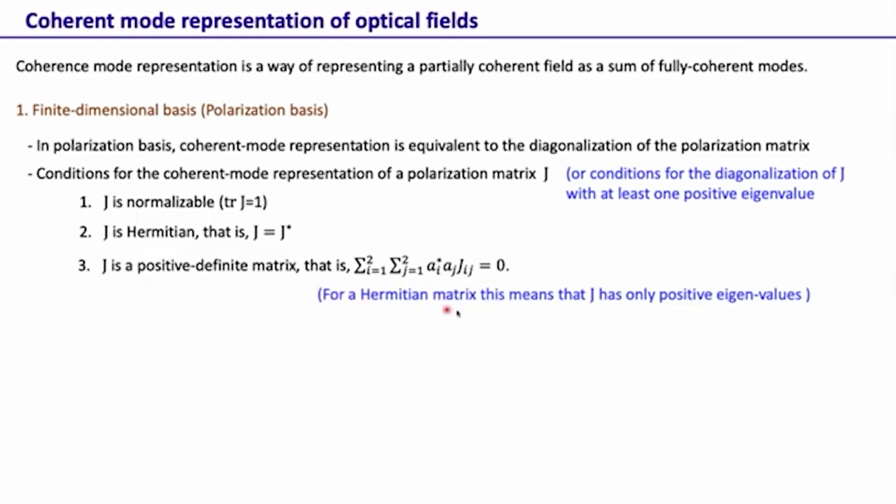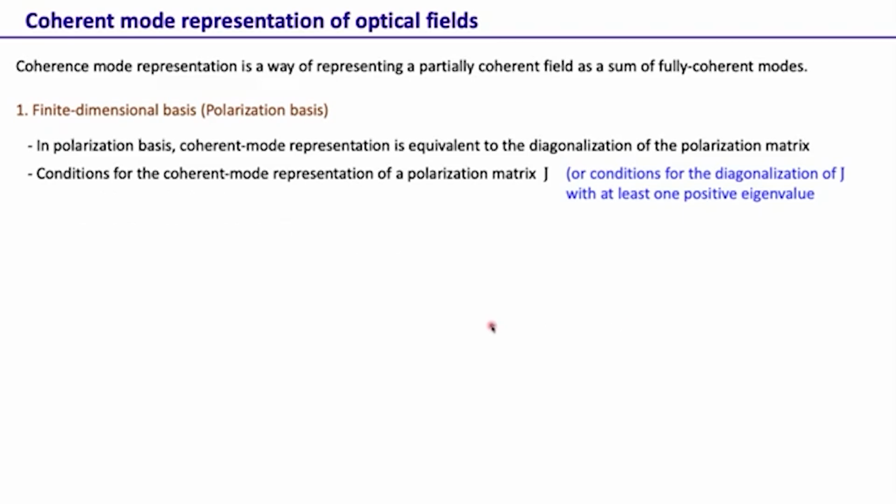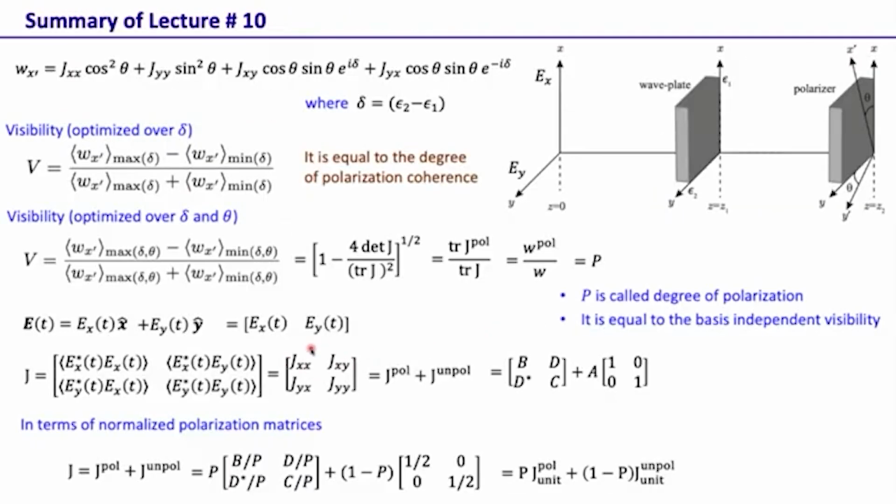Now what does it essentially mean, at least for a Hermitian matrix? It essentially means that the eigenvalues are all positive, they are not negative. Now why do we need this? An intuitive way of seeing this is that when we write the polarization matrix, the eigenvalues of any matrix represent, if we go back to our representation, this is how we represent the polarization matrix.